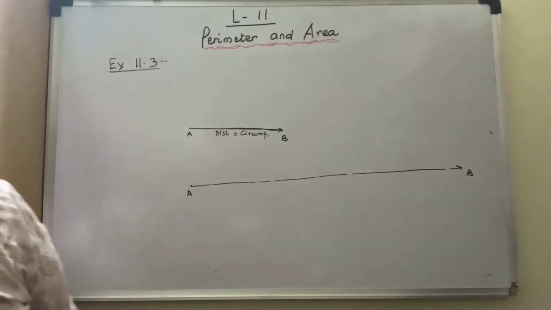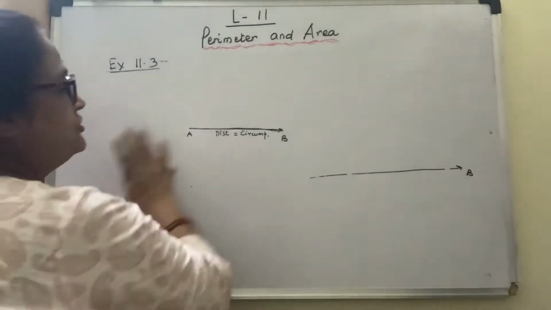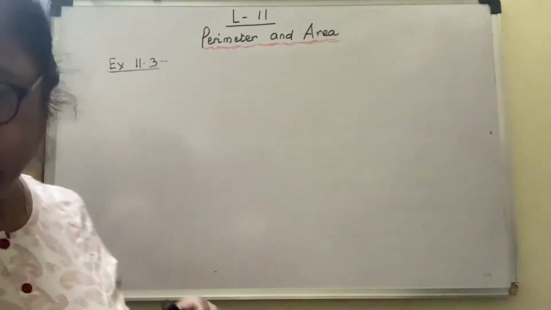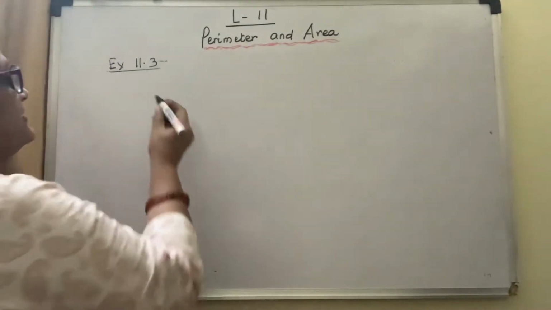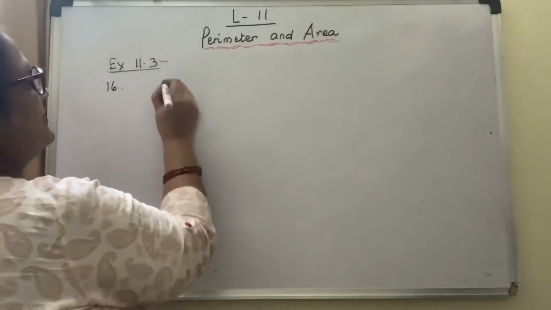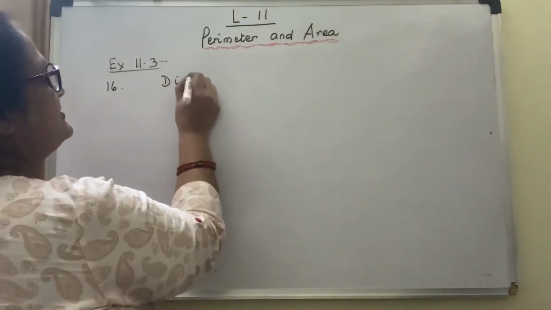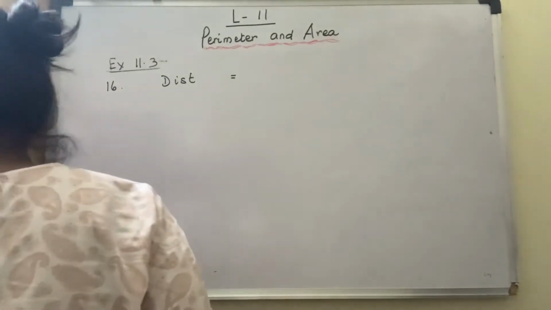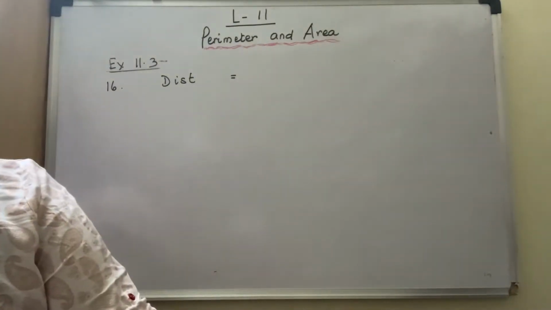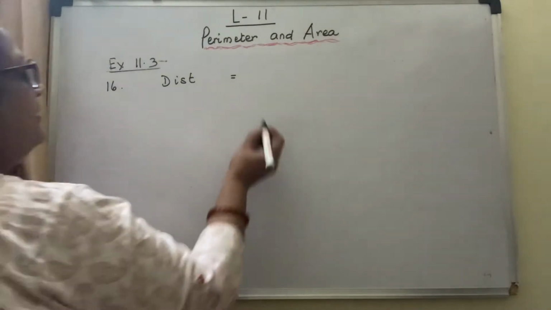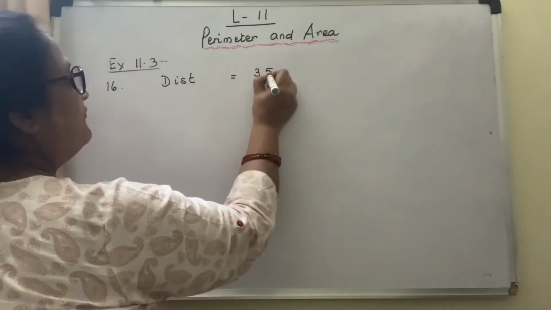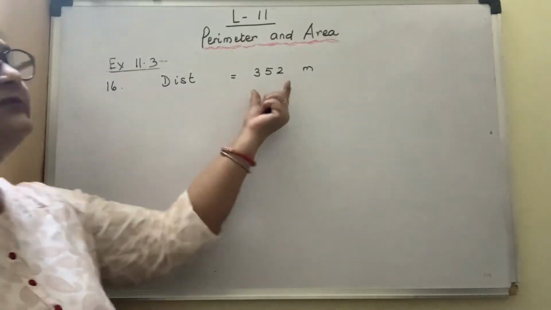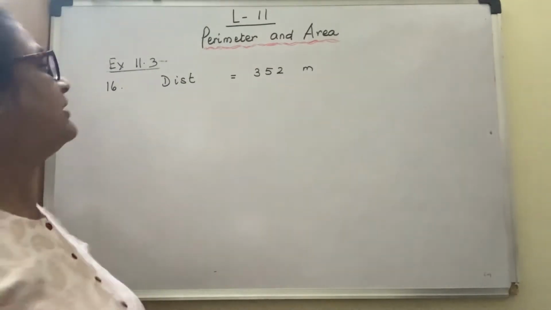So using this, we are going to do it. The concept about this question is, the distance that has to be traveled is given. The distance given is 352 meters. That is the distance it has to cover.